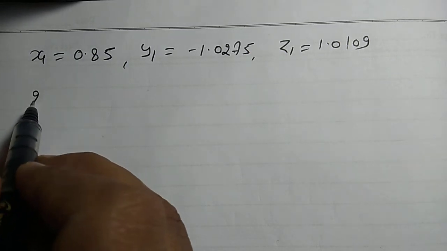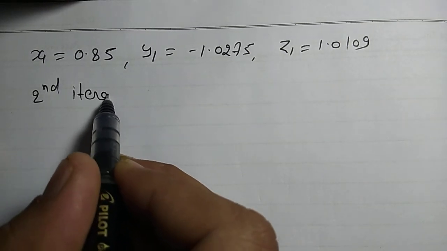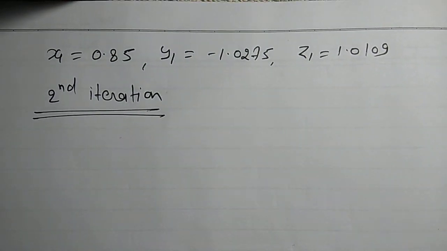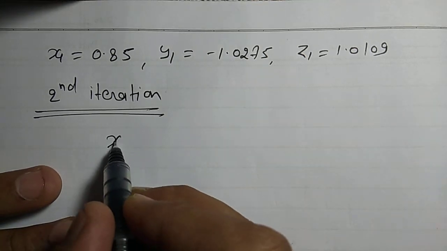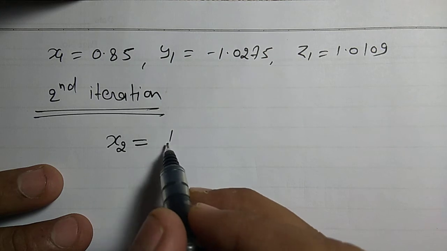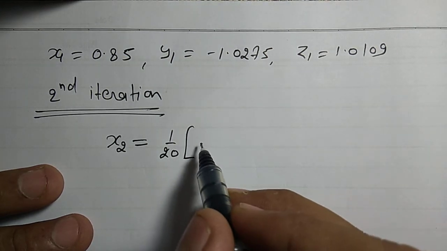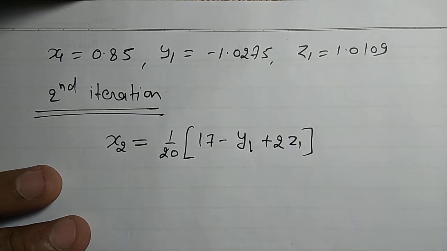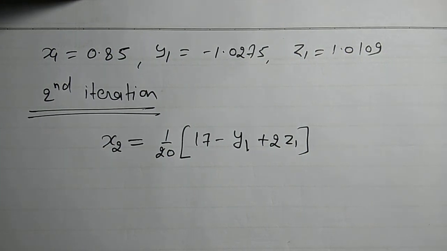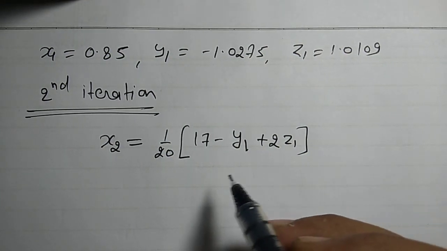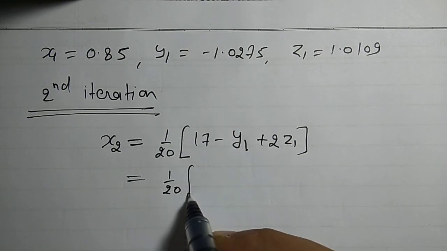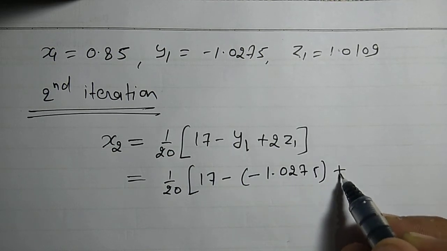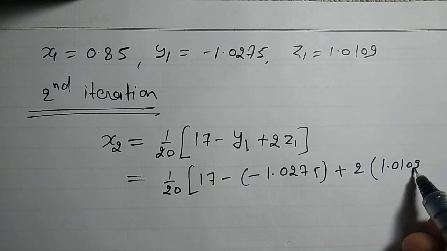Now for the second iteration, x1, y1, z1 will be the initial approximation. We can write x2 as 1/20 times (17 minus y1 plus 2z1), where y1 and z1 are the initial approximations for the second iteration. So 1/20 times (17 minus minus 1.0275 plus 2 times 1.0109).